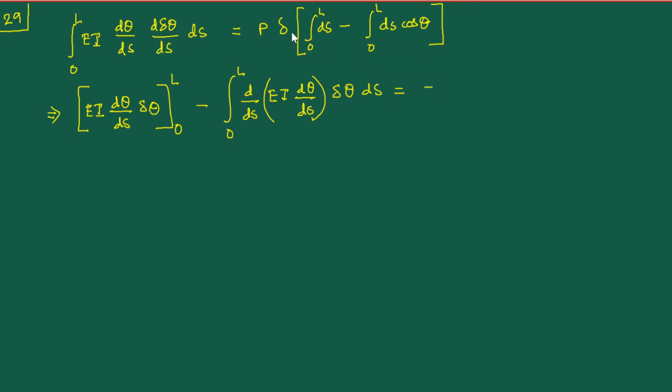And what we are going to do is take this delta inside. This delta is going to operate on this cos theta. Since in terms of operation, the delta or the ordinary differentiation acts in the same way, what we are going to have is ds minus sine theta delta theta.